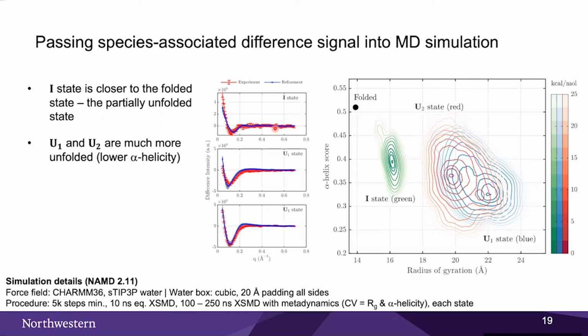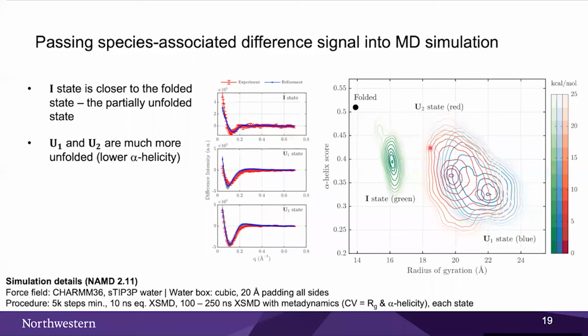You can force the structure to give a perfect fit to the experiment, but then the structures you sample may not be physical. So we're trying to find a trade-off between these. This is one way to look at the signal, the refinement.